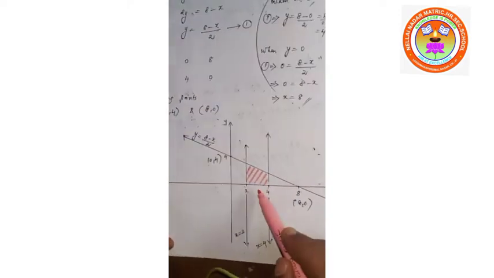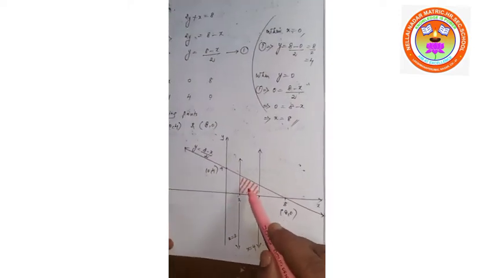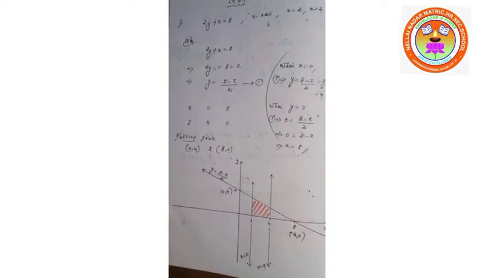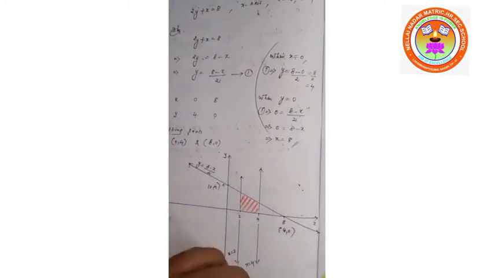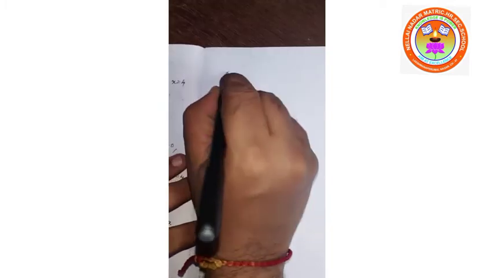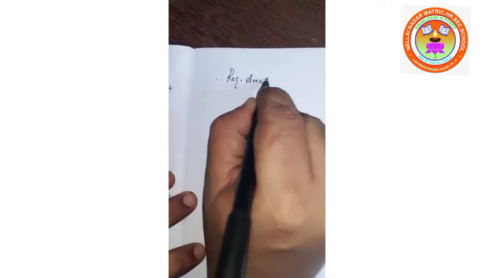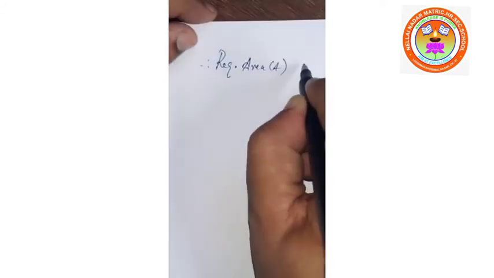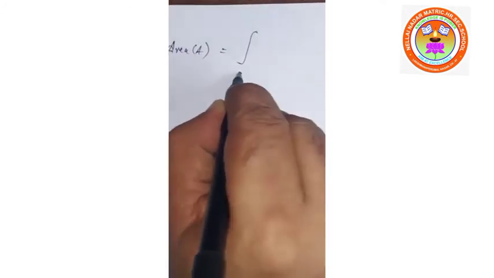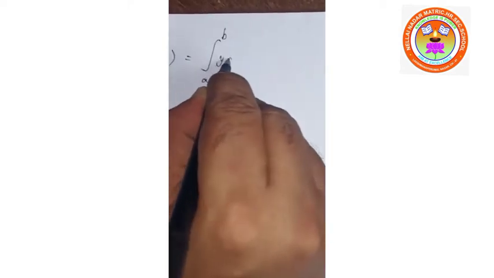This region is completely lying above the x-axis. So above the x-axis, you know the formula already I have given. Required area, that's the shaded region only, is integral a to b y dx.